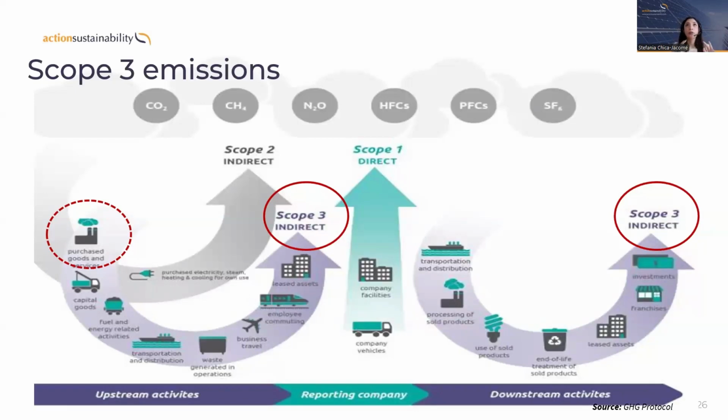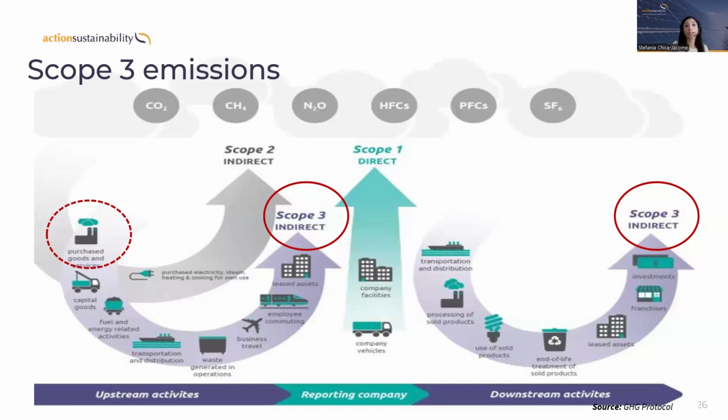So this refers to the commute to and from work. So, for example, if employees are driving their own cars or if they're taking public transport, that's going to fall under that category. And finally, upstream leased assets, which are emissions from leased assets that the company uses in its operation, but it doesn't own.